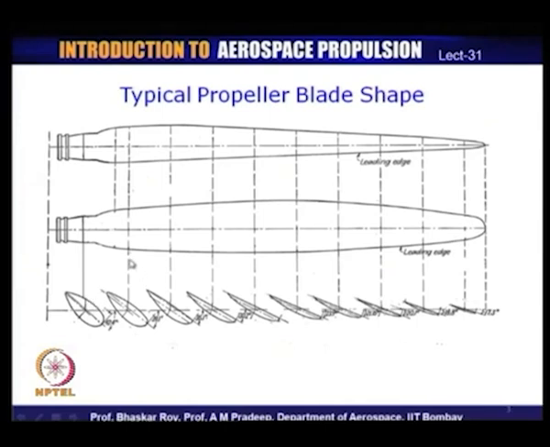However, a little after that, especially from here onwards, you need to create propeller blade shapes that help in creating lift, and which, as we have seen, finally help in creating thrust.